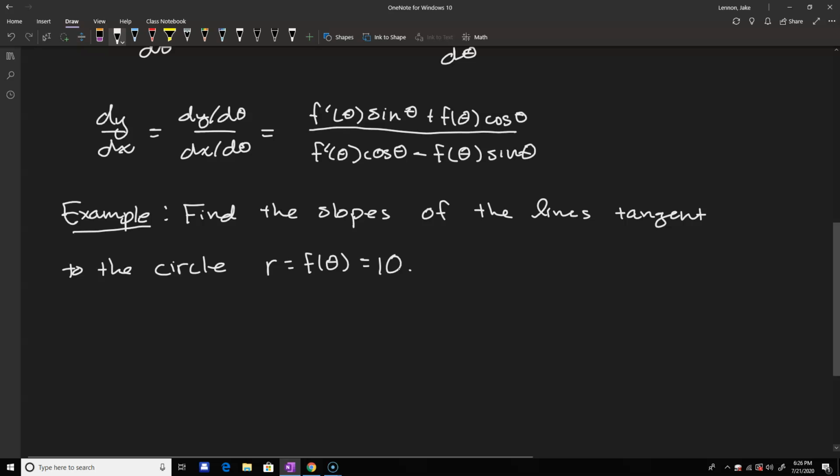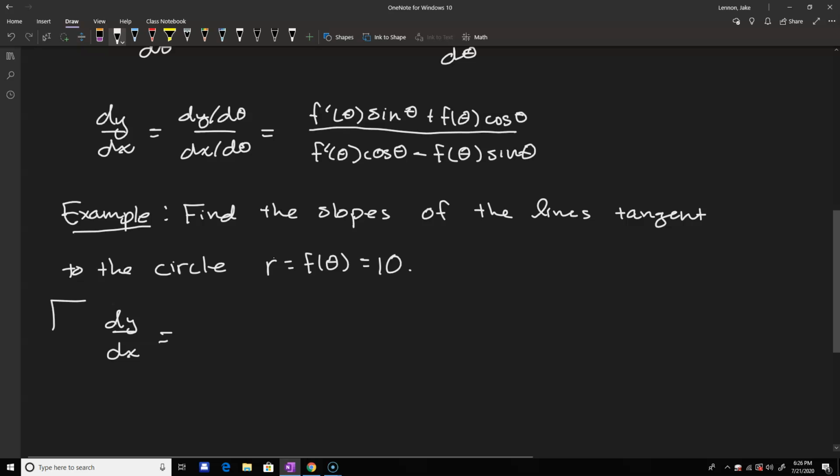So we're just going to use the above formula. Note that if we're looking for dy dx, in this case, f prime of theta is going to be 0, so all the f prime of theta terms are just going to vanish.